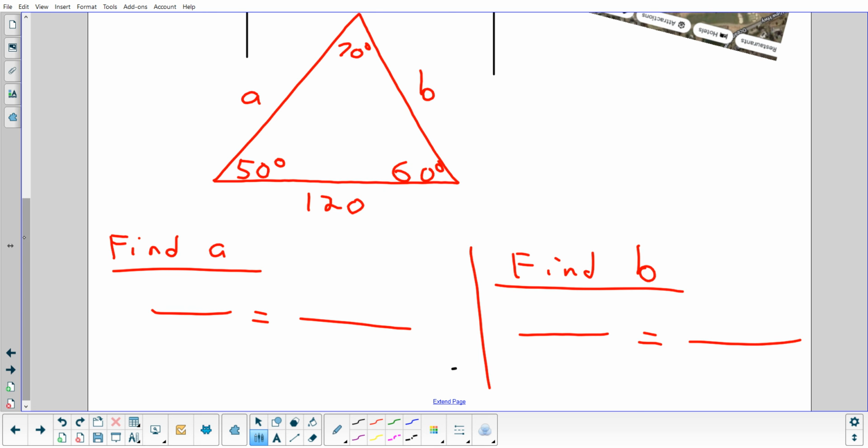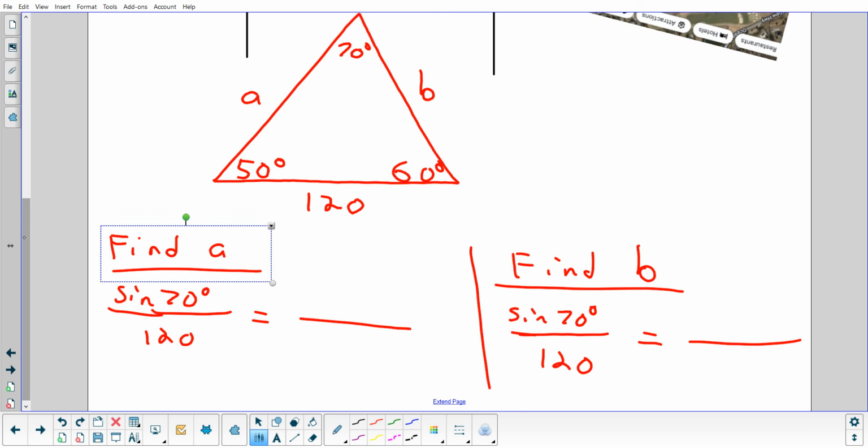Yeah, sine 70 over 120. That's the whole key to both parts: sine of the angle divided by what's across from it. Let's do it for B. And now I want to find A.